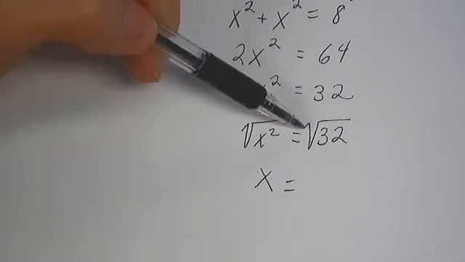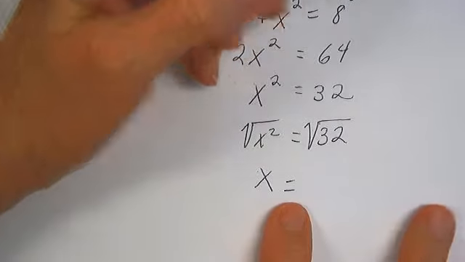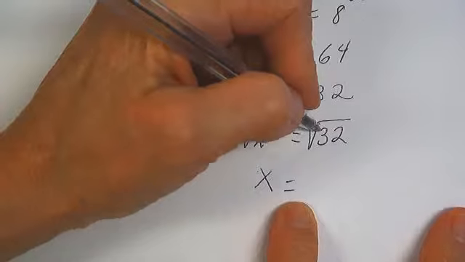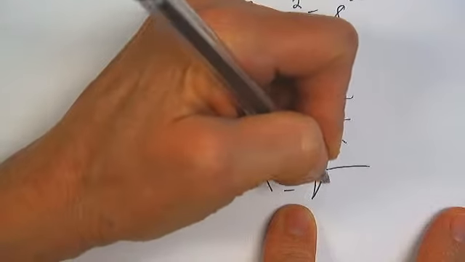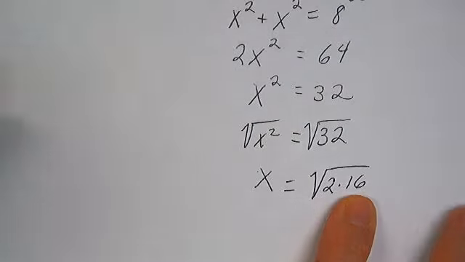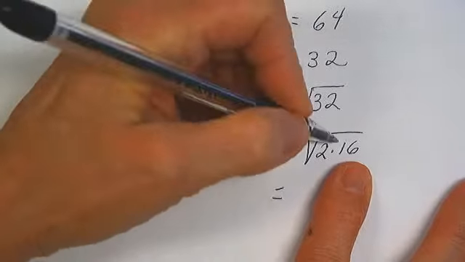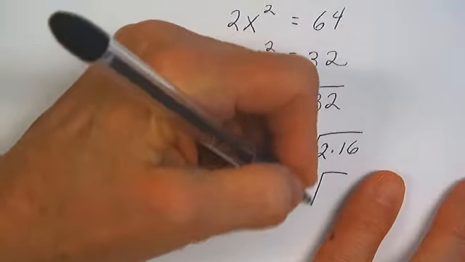The square root of 32 is the square root of 32. But wait, look at this. 32 is 2 times 16. 16 is a perfect square. 4 times 4 is 16. The square root of 16 is 4.